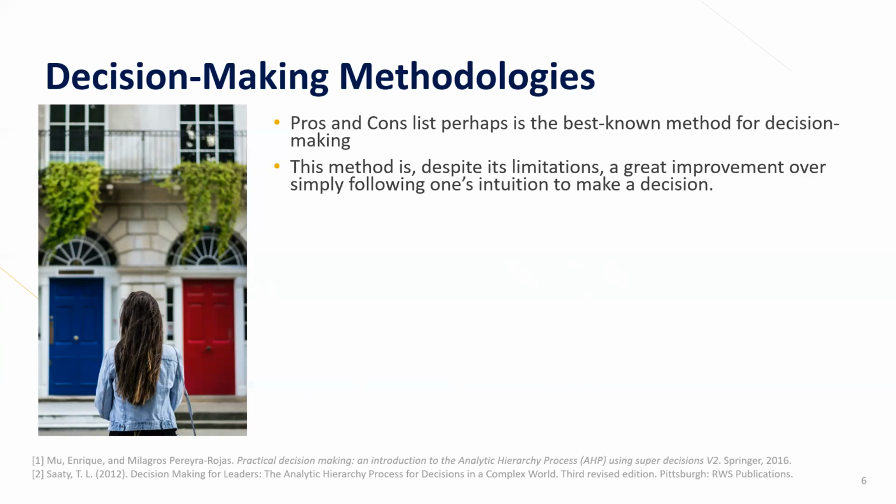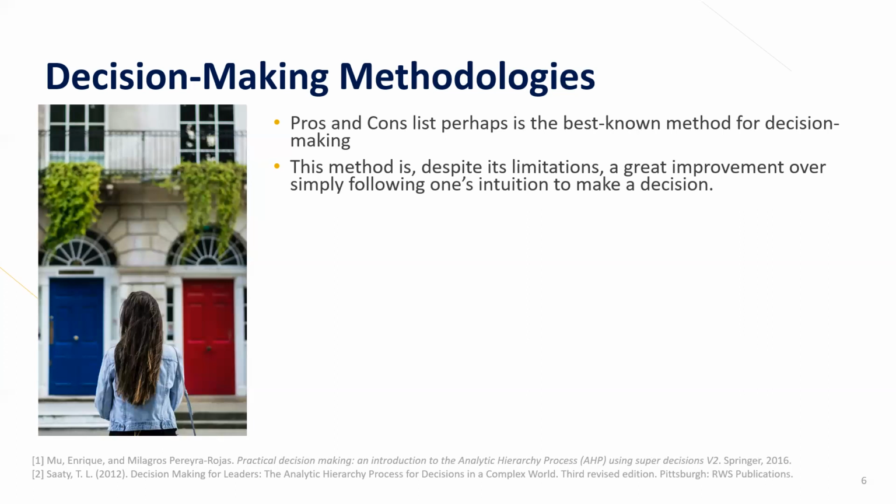Let's take an example: when you want to decide whether you want to rent a house or buy a house, it's a decision that will have pros and cons for each option, right?